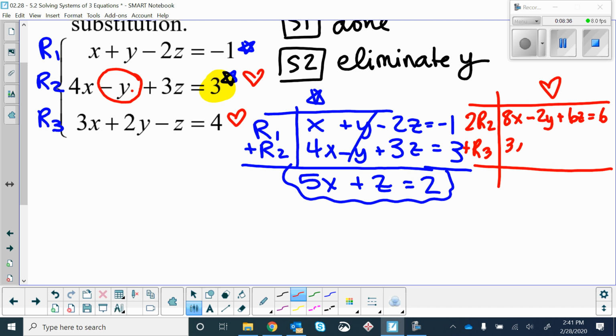And then 3x plus 2y minus z equals 4. And now we add them. So the y's are gone, and I'm left with 11x plus 5z equals 10.